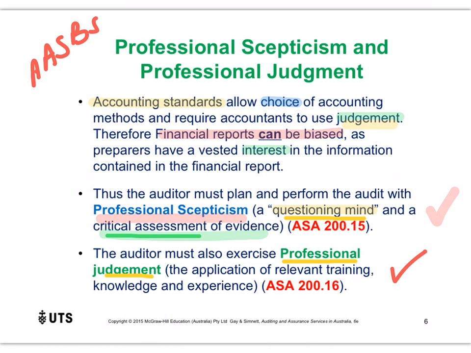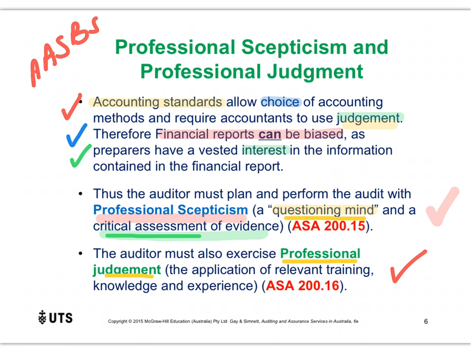So it's really important, just to summarize, because the accounting standards do have choice, there is a possibility, and remember we spoke about this as the agency theory, that the financial report can be biased because the people preparing that report can have an interest in it, and they can be judged on that report, for example, when it comes to their bonuses.